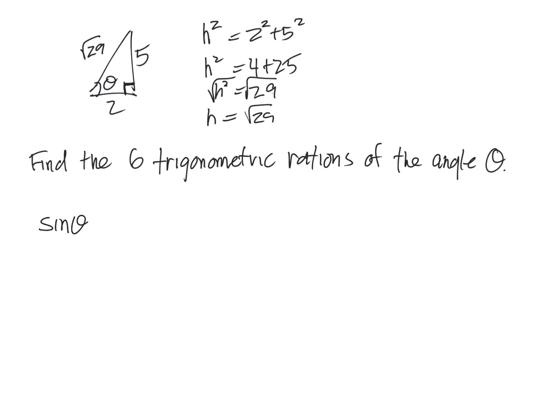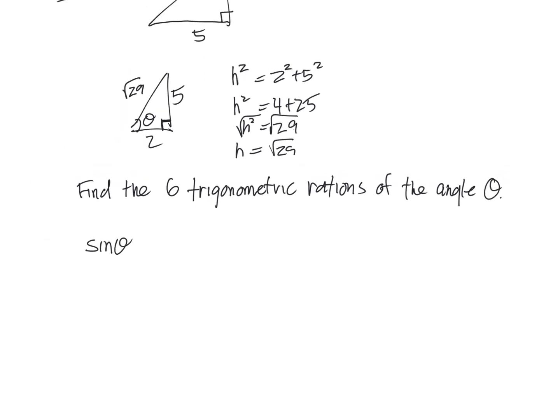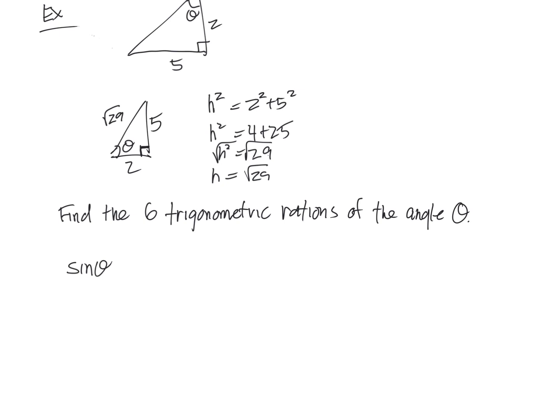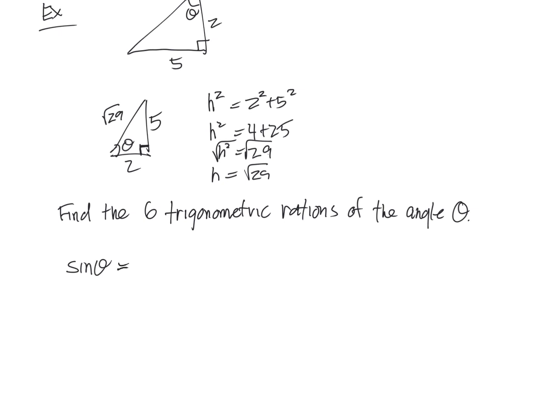So sine of theta, and whenever we deal with this, we're always dealing with it in relation to our angle. So sine is opposite over hypotenuse. When I redrew the triangle, if this is my angle, opposite is 5, hypotenuse is root 29.